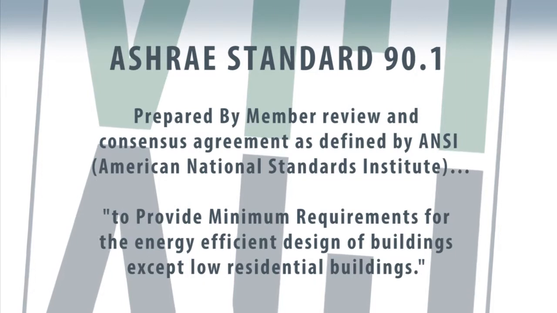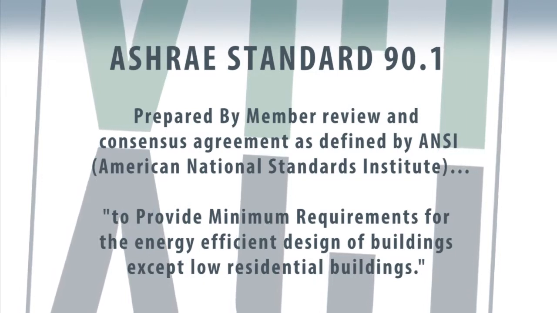And ASHRAE puts these standards together that deal with insulation, not just above grade walls, but also roofs, below grade walls. They also get into fenestration and window issues, but in this ASHRAE standard 90.1, it deals with all buildings with the exception of low-rise residential.